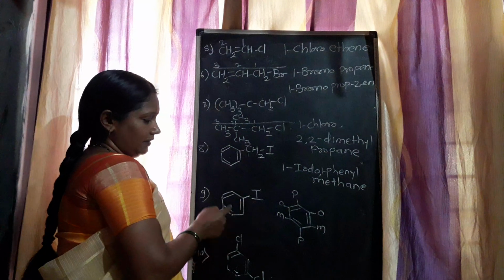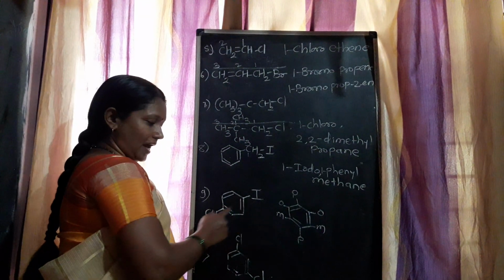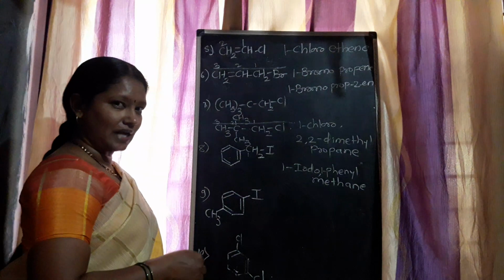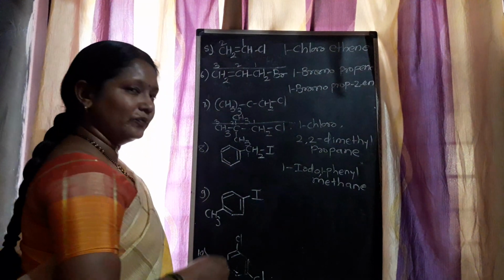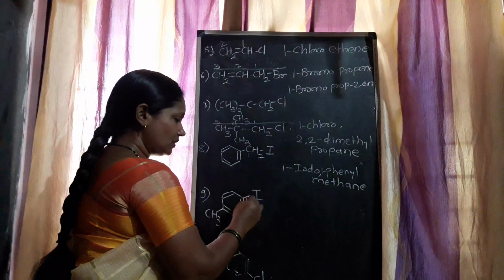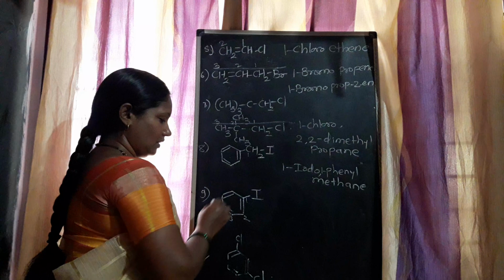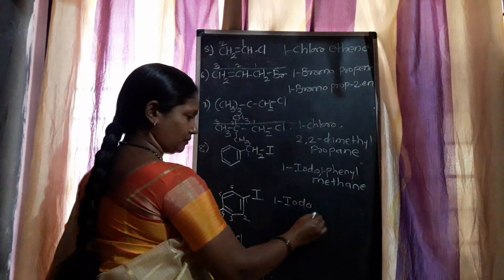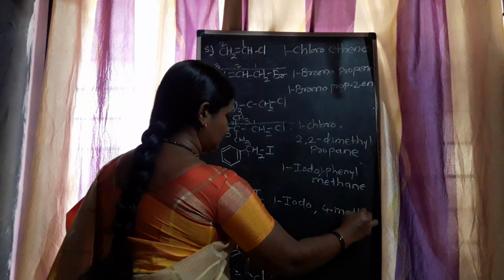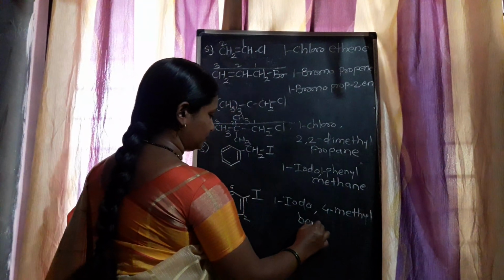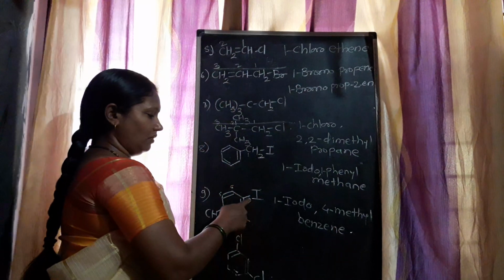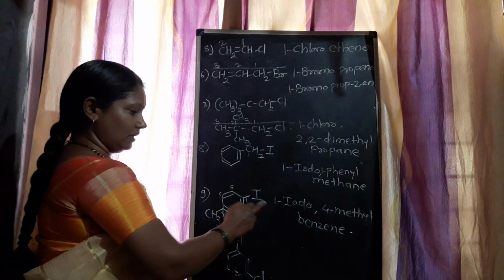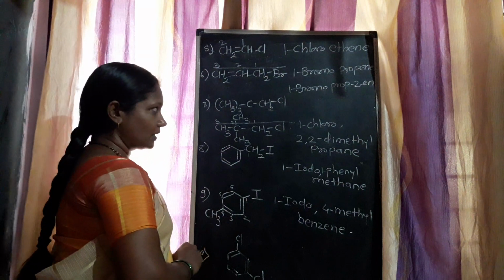Now here, if these two are present in para position, in the common name the para prefix is written before, but in the IUPAC name we write only the numbers 1, 2, 3, 4, 5 and 6. 1-iodo-4-methylbenzene.